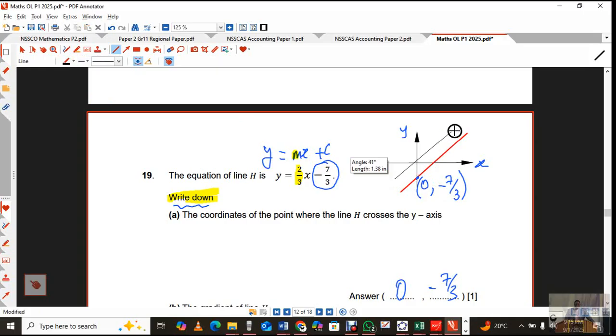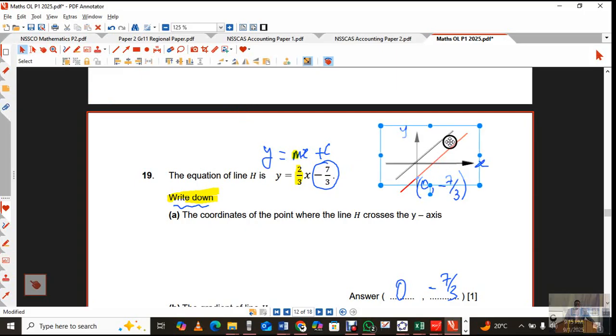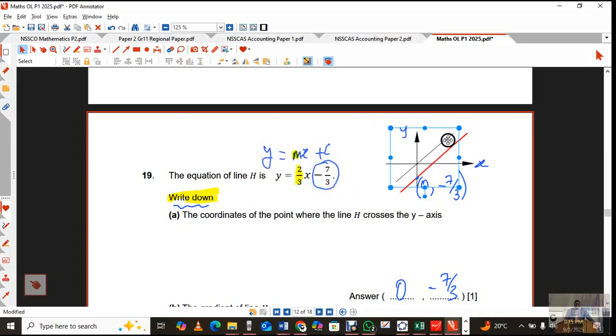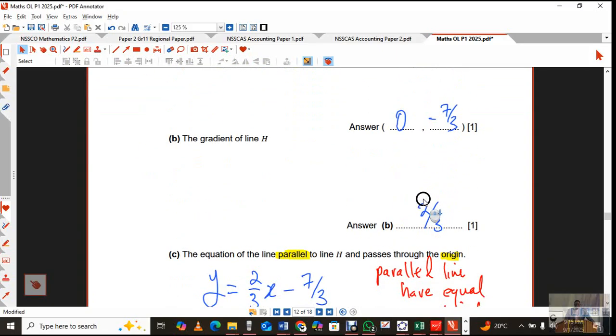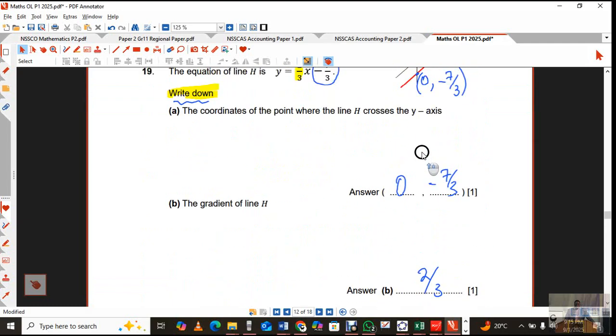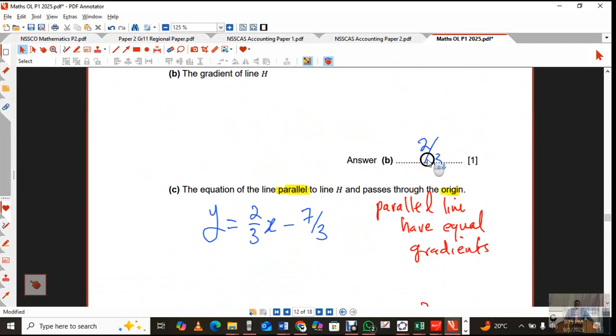It will be parallel like the other one. It will just pass through the origin. That's how that line will be, same like this, passing through the origin. So y equals 2 over 3x plus 0, because the origin point there is 0, but you don't have to write plus 0.